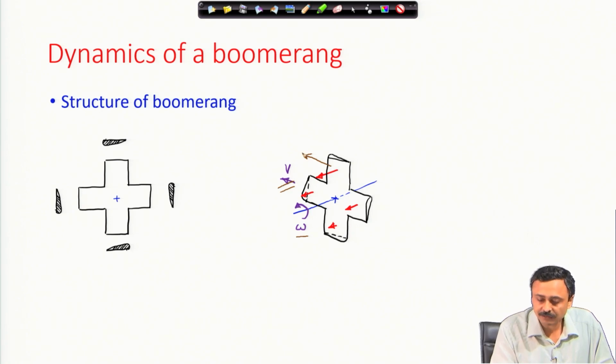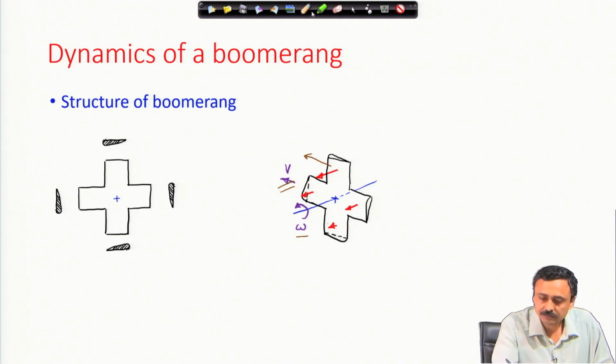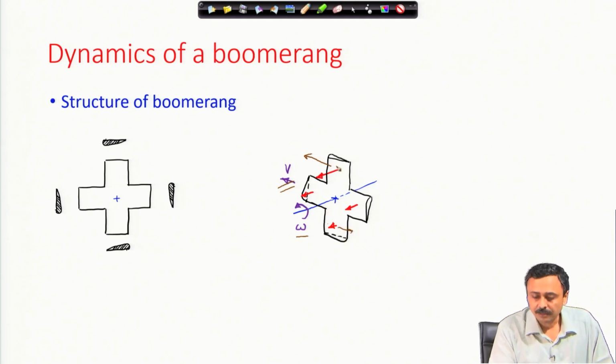Therefore, this will have a greater velocity, and this will have a smaller velocity. Therefore, this is going to generate lower lift. The arm at the top in this configuration will generate a higher lift, the arm vertically at the bottom will generate a lower lift, because of the combination of the spin and the throw velocity.